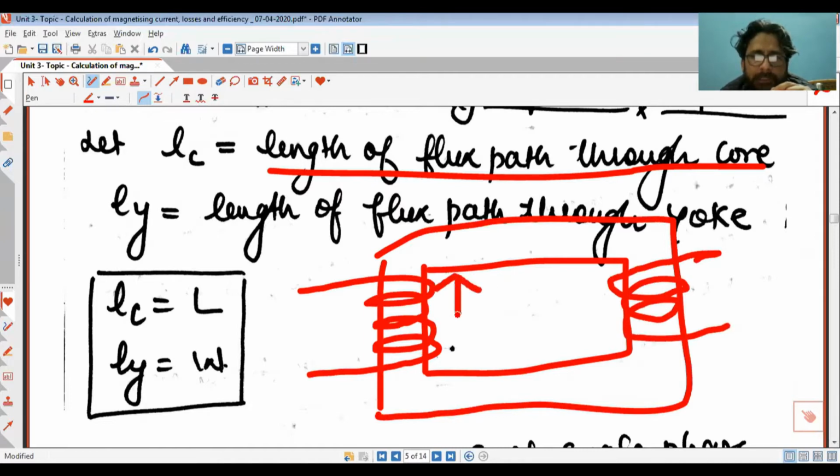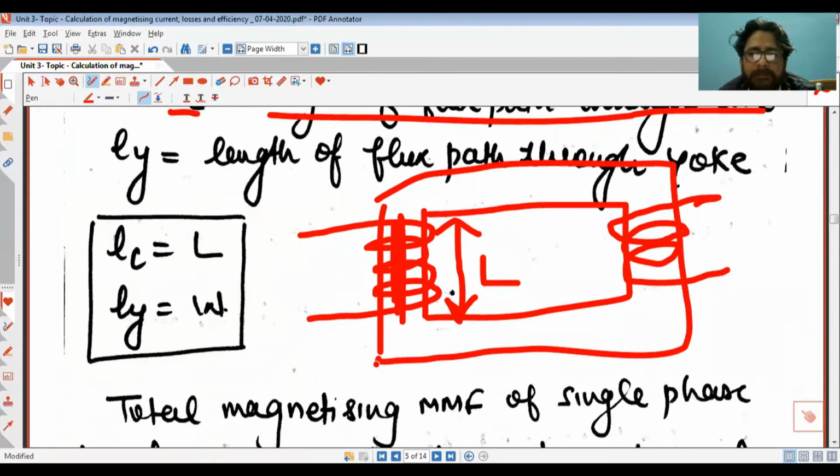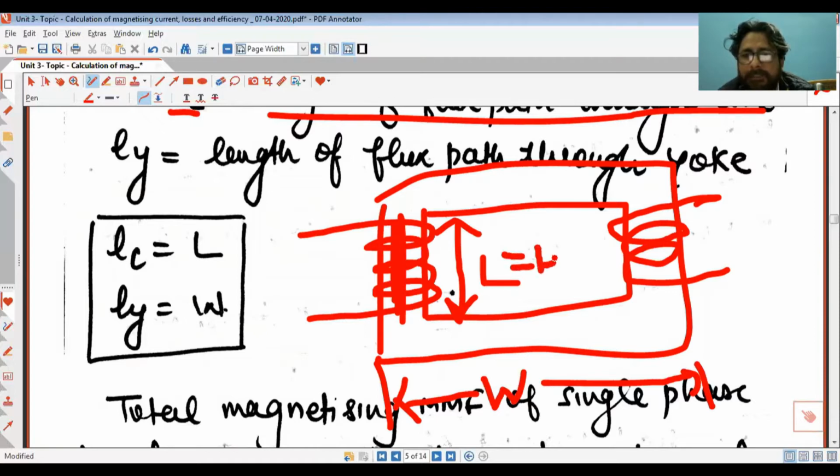So this is the length of the core, L. So LC is the length of the flux path through core. So this is the path followed by the flux within the core. And this is the width, W, width of yoke, this one. So L is also equal to height of the window.